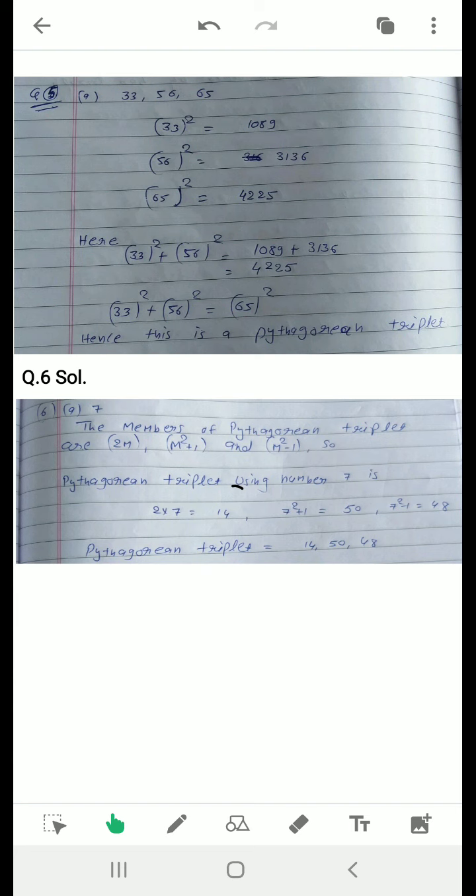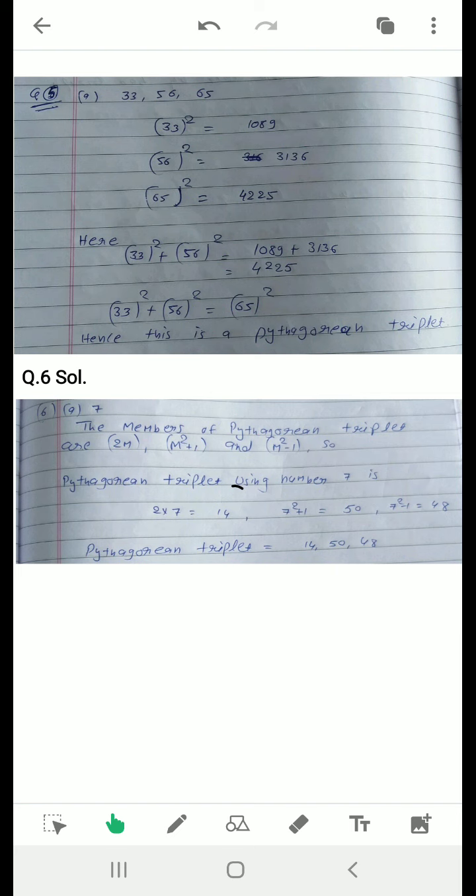So here I can say that 33 square plus 56 square is equal to 65 square. So here it is satisfying the equation related to the Pythagorean triplet, that is a square plus b square is equal to c square. So we can say that this is a Pythagorean triplet.